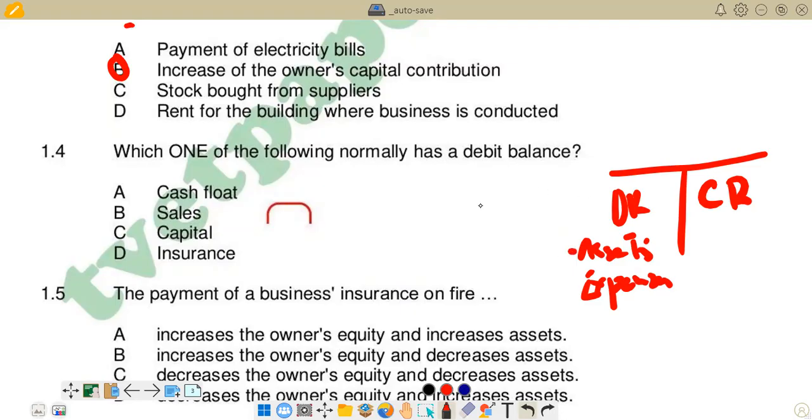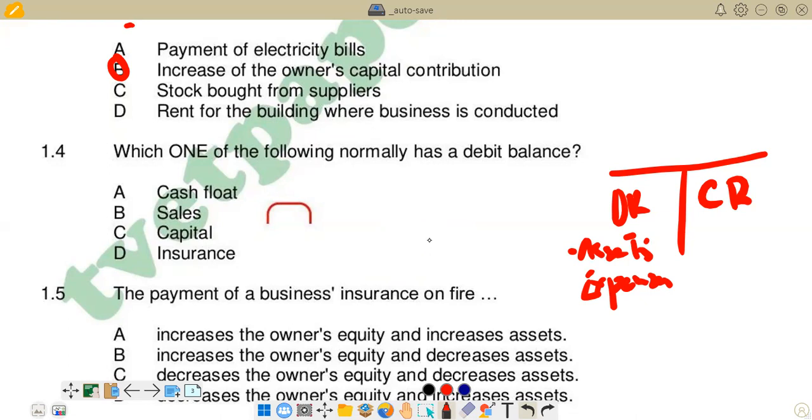So we can regard it as a correct answer there. Then we've got sales. Sales, we know that normally they have a credit balance, because when you sell goods, we receive money, we debit bank or cash. If you receive in the form of a check, we debit bank, then we credit sales. So sales is always credited.